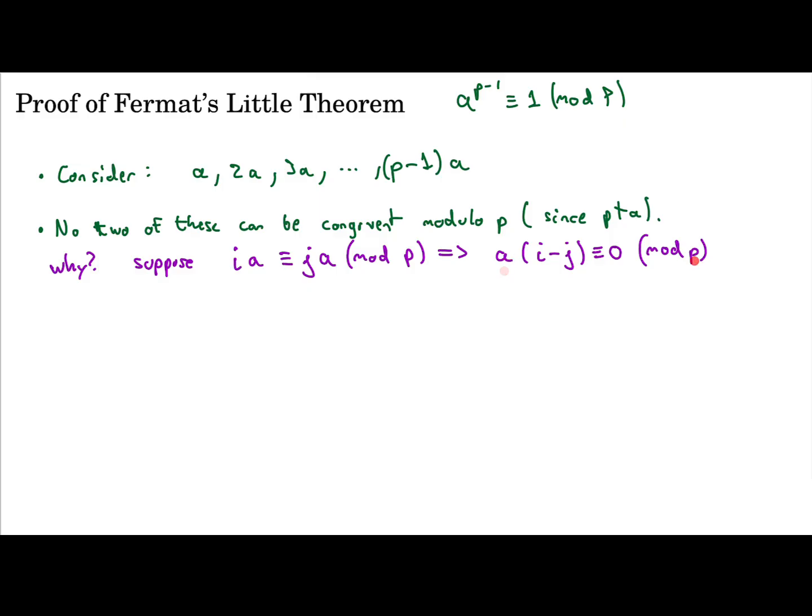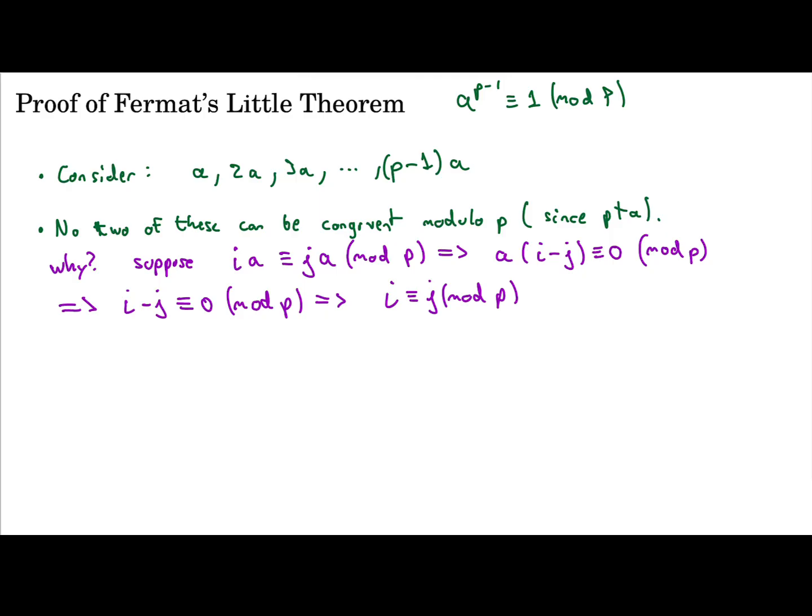So you can multiply by its inverse, and this implies that i minus j is congruent to 0 mod p, which means that i is congruent to j mod p. But i and j are the numbers that appear here. They're all in between 1 and p minus 1.